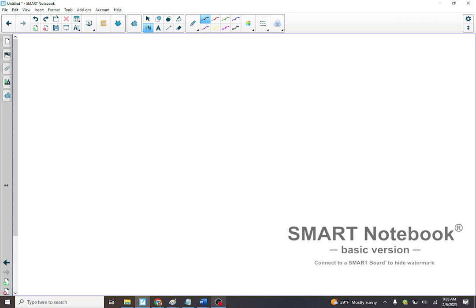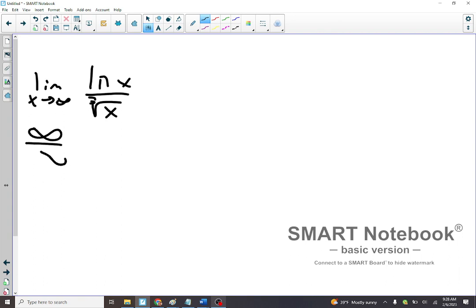So like ln x over the cube root of x, as x approaches infinity. Now it's infinity over infinity. The issue is I don't know if it's 1 over 1, 10 over 10, or 10 over 3; I don't know what the actual rate is. So I have to reduce this.